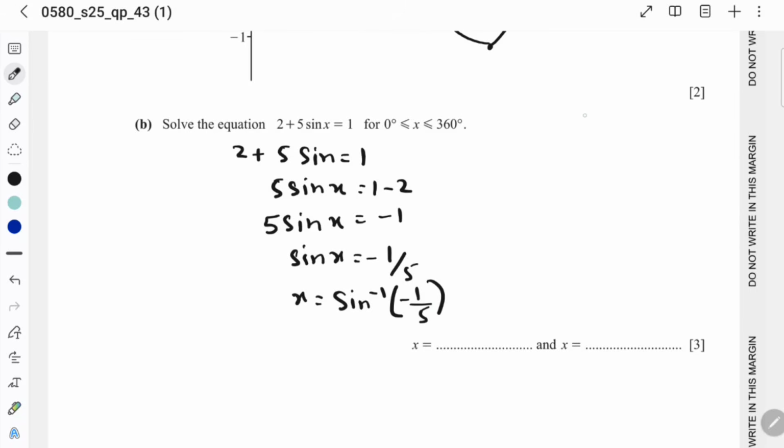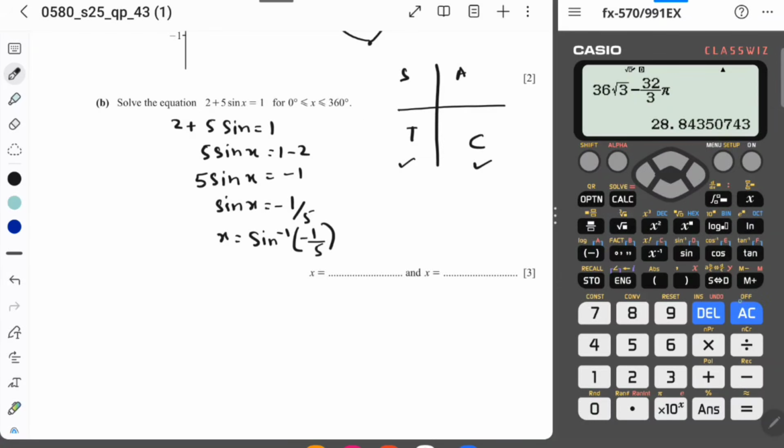Alright, quickly take your calculator. You know that this is ASTC. The sign of the trigonometric ratio is negative in the third and the fourth quadrant, because in the first and the second the sign is positive. Find the basic angle without putting the minus sign. Shift sin inverse, and then 1 over 5.